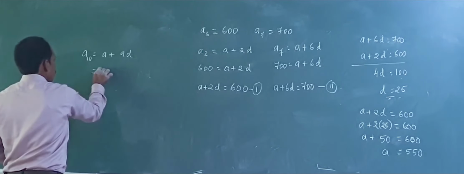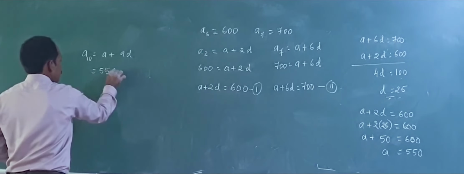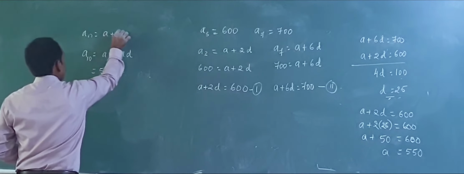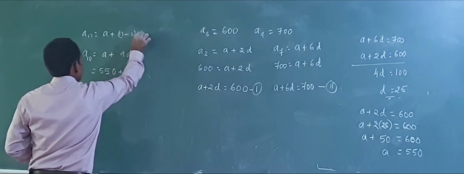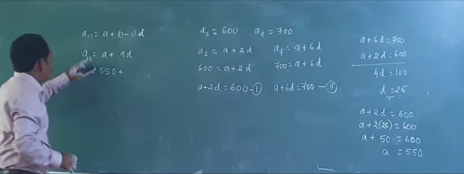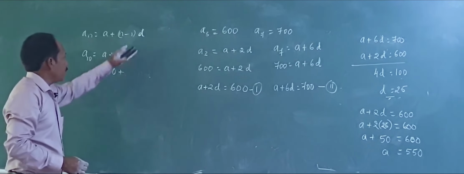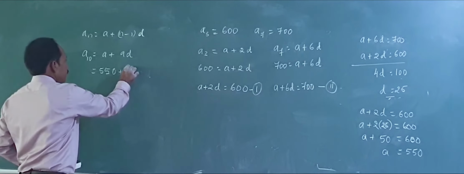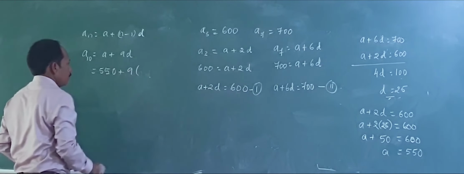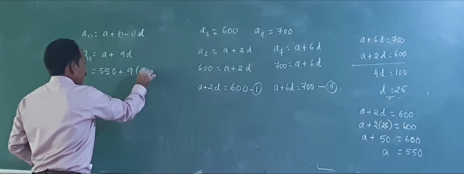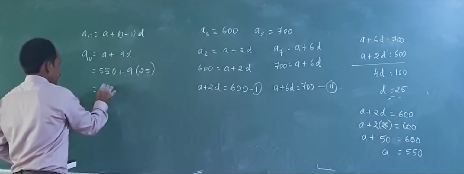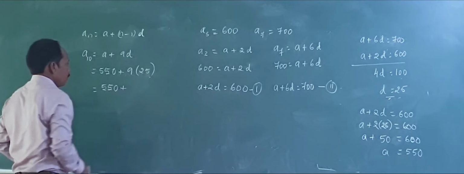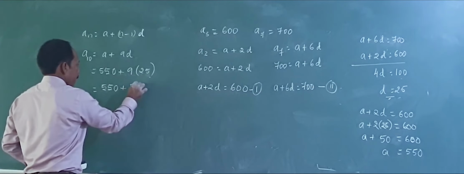So what is A? 550 plus, remember A n will be A plus n minus 1 into D. Apply A10, 10 minus 1 is 9 into D. D is 25, so 9 into 25 is how much? 225, correct?